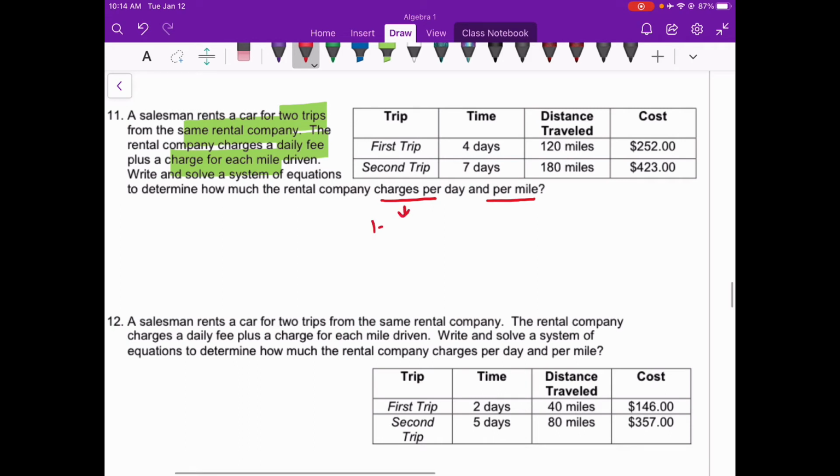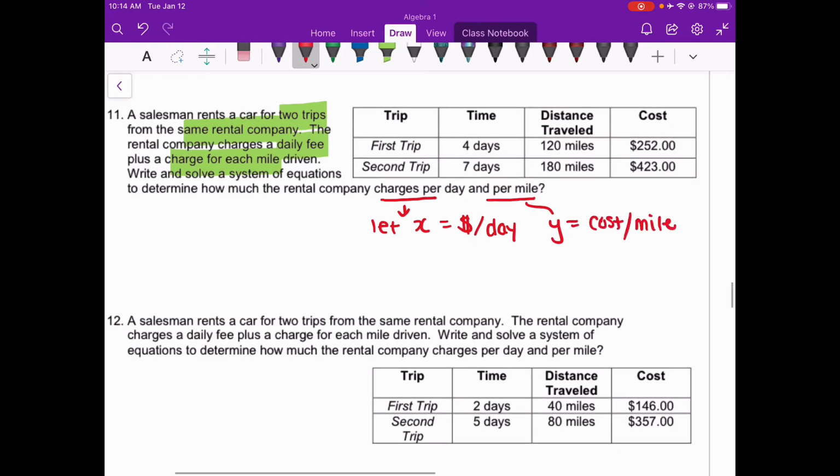Charges per day and charges per mile is what we're looking for. So let's let X equal the charge per day, or you can put a cost per day, and we'll let Y equal the cost, or you can put a $ sign, per mile. And we basically use the chart, which is nicely set up for us to make our 2 equations. Let's start with the first trip.